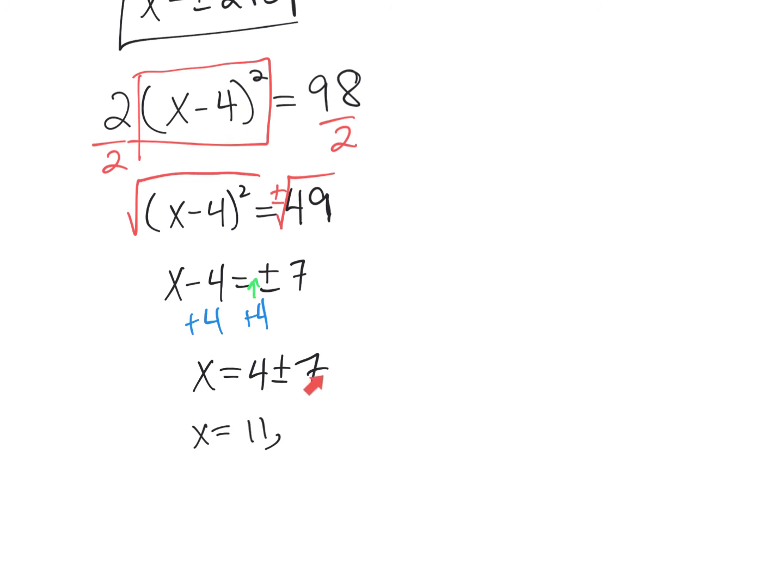And 4 minus 7, negative 3. So my two answers are 11 and negative 3. Okay. So this is a concise way to write two separate equations for two separate numbers, 4 plus 7 and 4 minus 7.